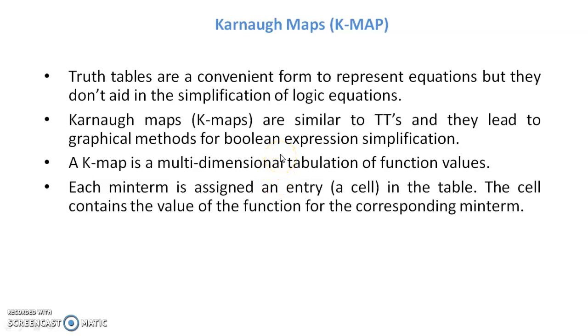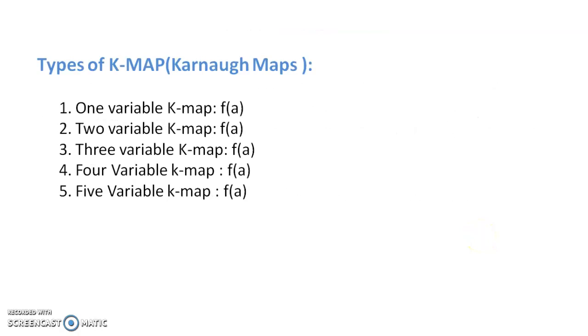If 3 variables are used in the expression, we use the 3 variable K-map. A K-map is a multi-dimensional tabulation of function values. Each min term is assigned an entry or cell in the table, and the cell contains the value of the function for the corresponding min term. So these are the types of K-map: 1 variable, 2 variable, 3 variable, 4 variable and 5 variable K-map.